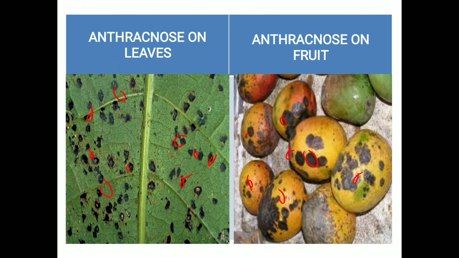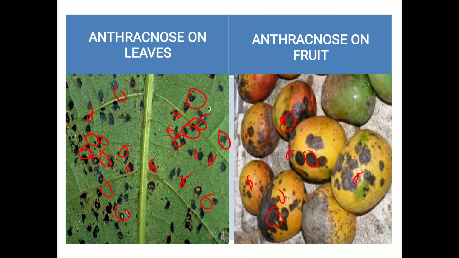Next one, anthracnose. So anthracnose is nothing but brownish to blackish spots are observed on the leaves or on the fruits, and those spots connect with each other as they mature.